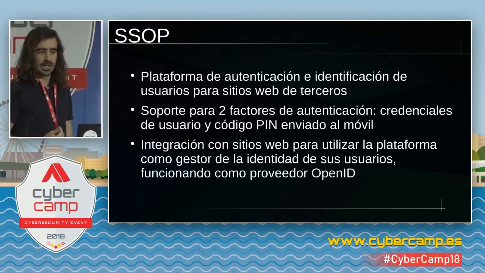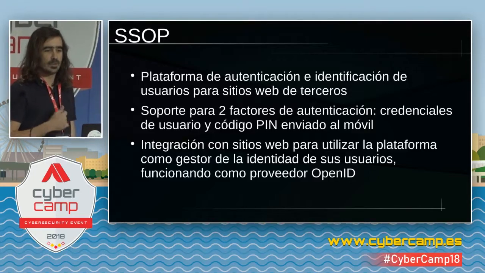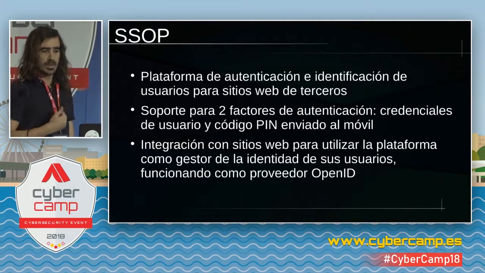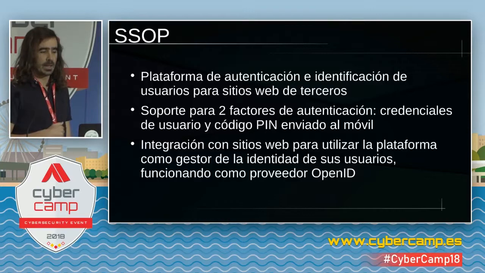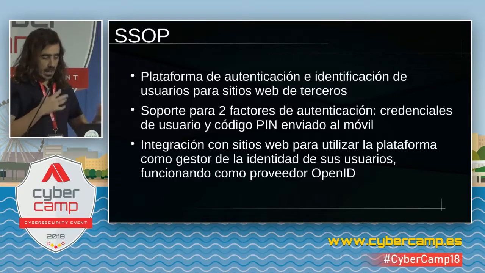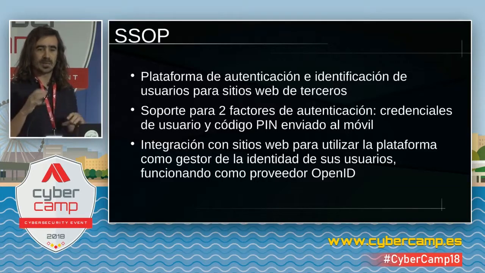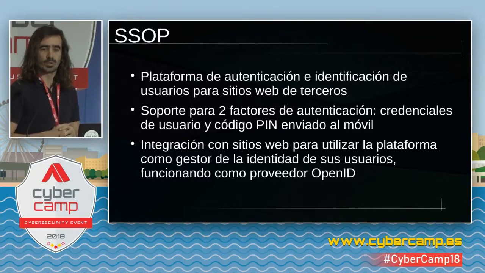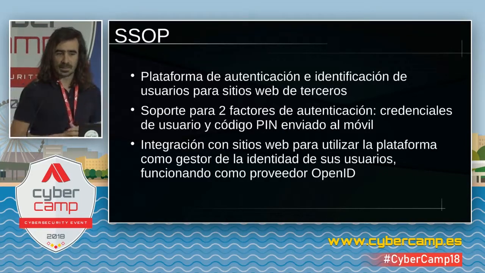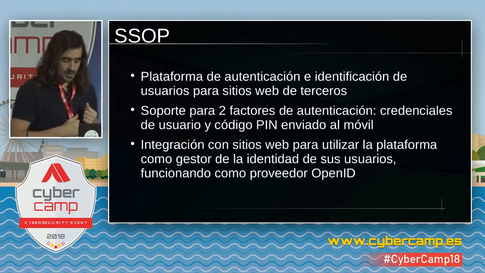So, double factor identification. We got a fingerprint reader the day after we arrived. But we couldn't make the USB work properly. We had a library that supposedly would do that for us, but our browsers couldn't identify the fingerprint for some reason.